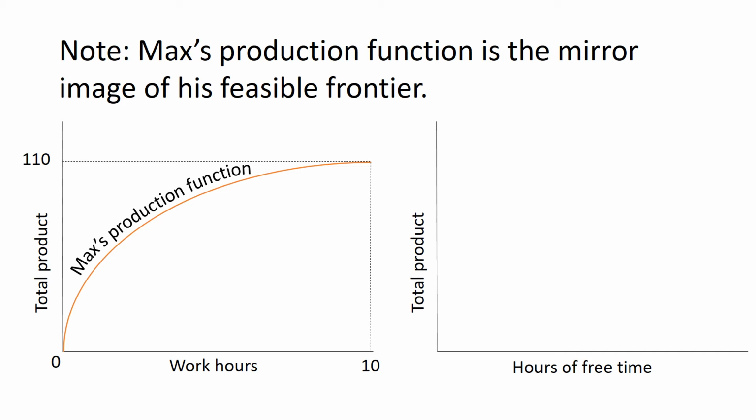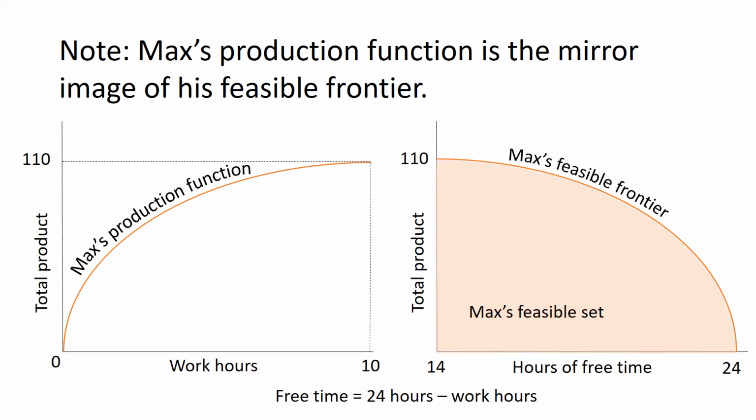So we can use a formula to go back and forth between work hours and free time. For example, when we have 0 hours of work, we have 24 hours of free time. When we have 10 hours of work, we have 24 minus 10, or 14 hours of free time. We can plot the feasible frontier simply by running the production function in reverse.